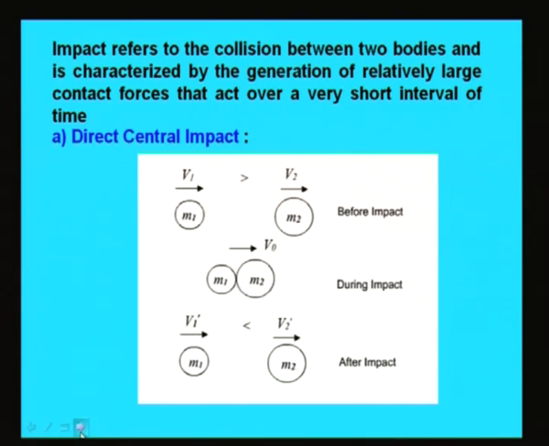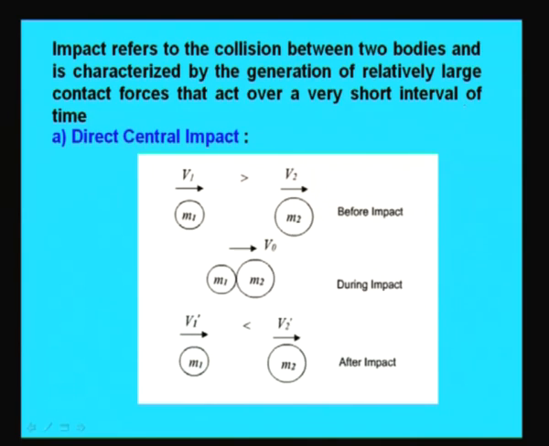Now let us see what the process of impact is. Impact refers to the collision between two bodies and is characterized by the generation of relatively large contact forces that act over a very short interval of time. So in the collision, two bodies make contact, and then a large amount of contact force is generated.